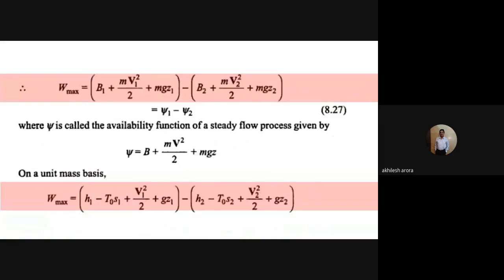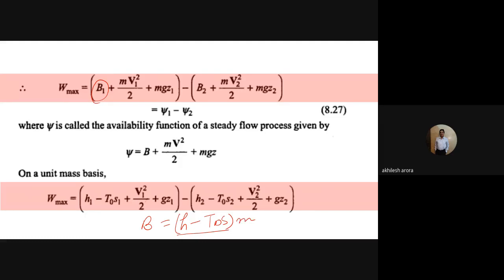So this is once again B, which, if you remember, is equal to H minus T naught S. Rather than writing in small letters, I should have written it in capital letters, as I multiplied by mass here.